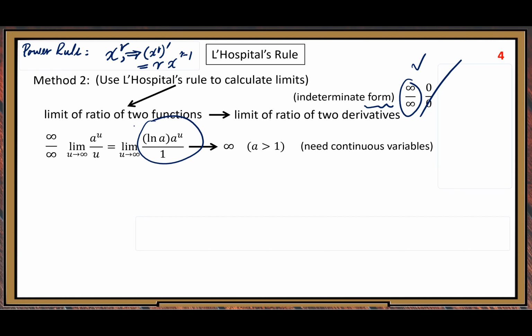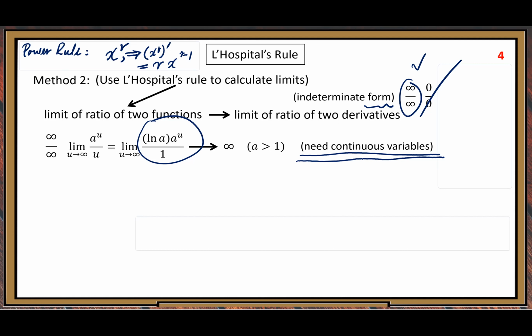To do it rigorously, what's the idea? We consider a continuous variable. So let me talk about this question. What do we mean by continuous variable?